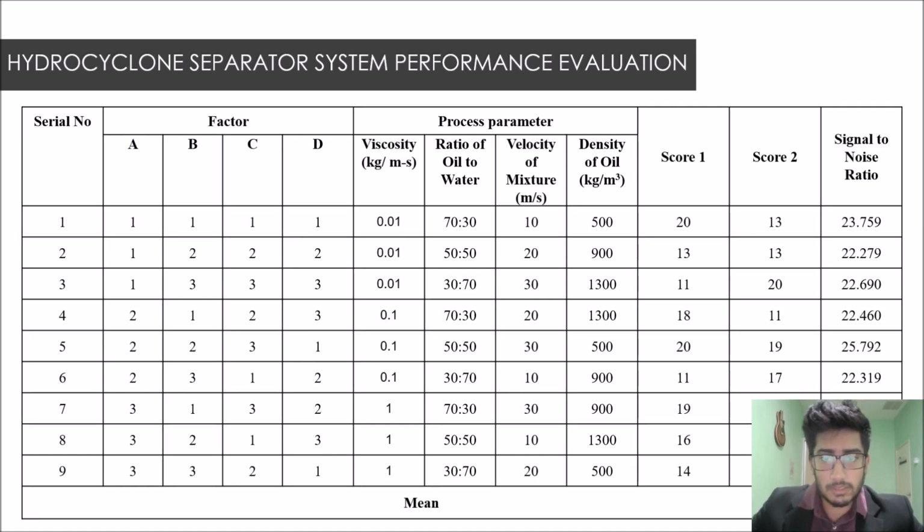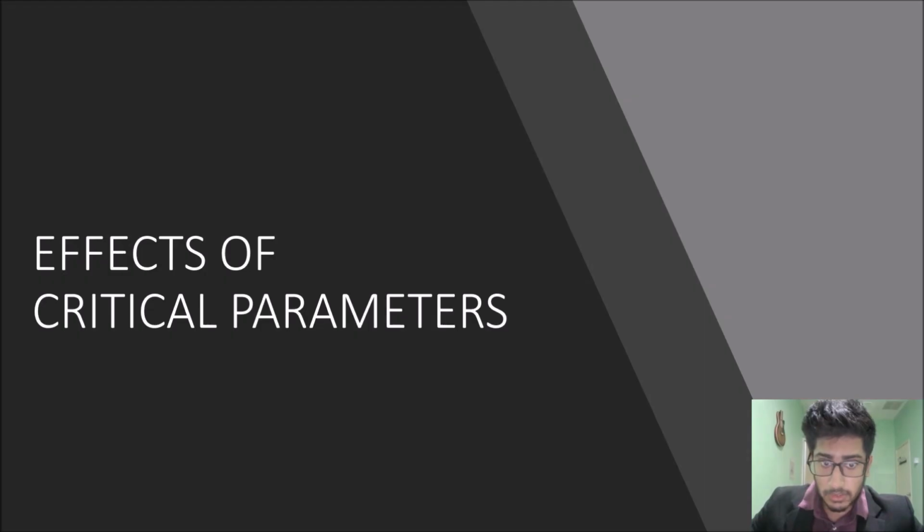The 2 scores are then fed into this table and into the Excel software. The Excel software then calculates the signal to noise ratio for us. This signal to noise ratio is then used to calculate the effect of each critical parameter on the separation efficiency. We have 4 critical parameters: the velocity, the density, the water to oil ratio, and the viscosity.